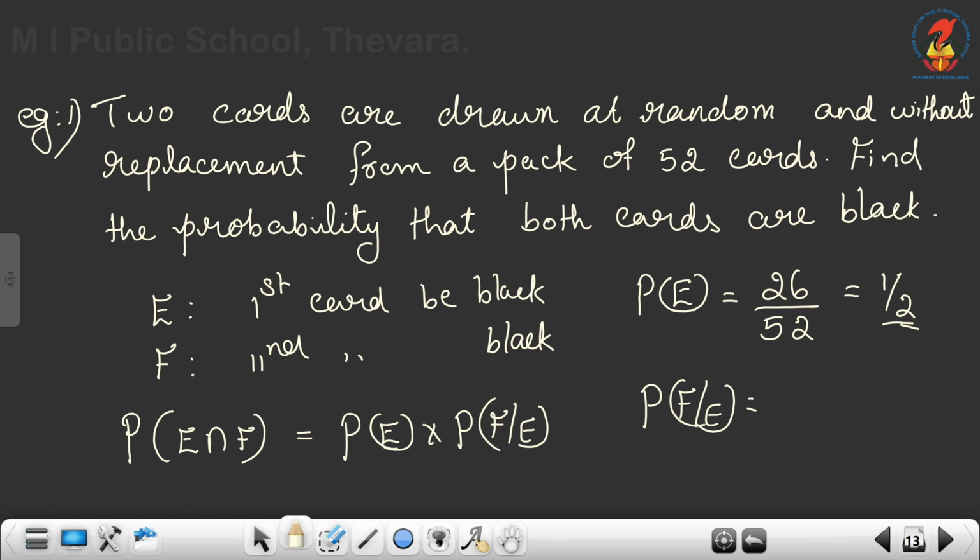Already we took one, so there are only 51 cards, in which there are only 25 black cards. So P of F given E is 25 by 51. So we can write 26 by 52 into 25 by 51.